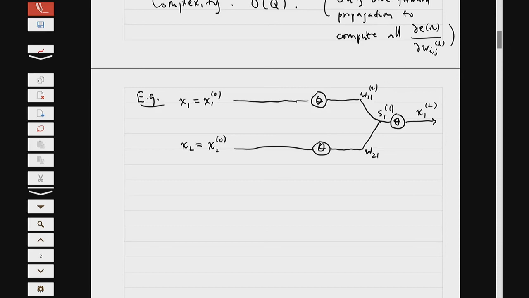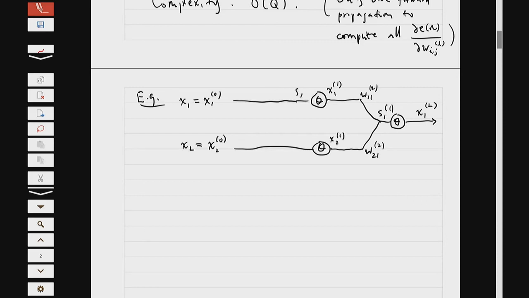And this is 2, 1 of 2, right? The second neuron to the first neuron of the second layer. That's the weight. And then for the previous neurons, this is x1 of 1, and this is x2 of 1, by our notation.